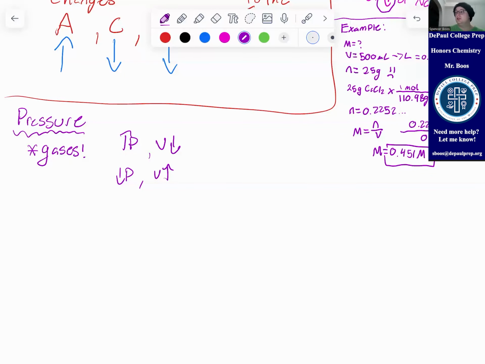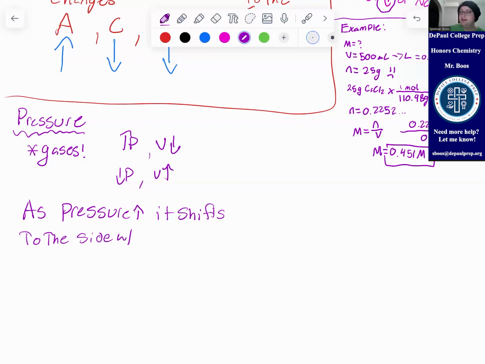So as pressure goes up, it shifts to the side with the lowest sum.